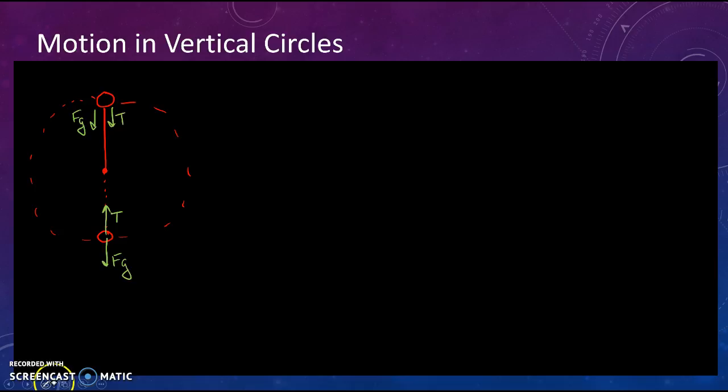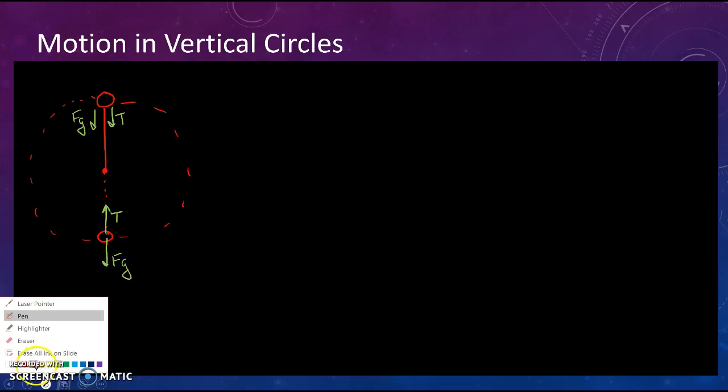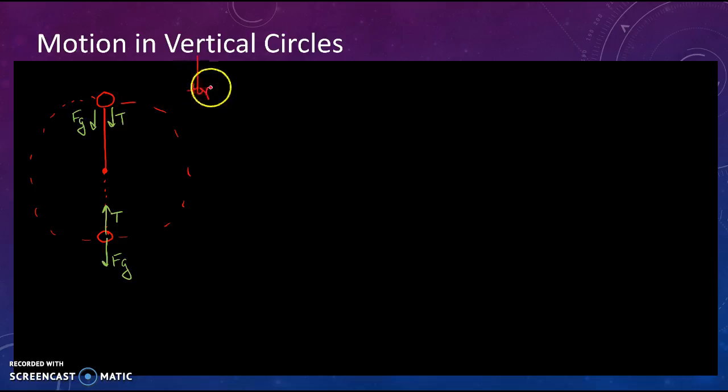So when we're at the top, since we're going in the same direction, the tension plus Fg, they both point down, they both point towards the center of the circle. So the combination of the two will have to be equal to the centripetal force, which is mv squared over r, where r is the radius of the circle.